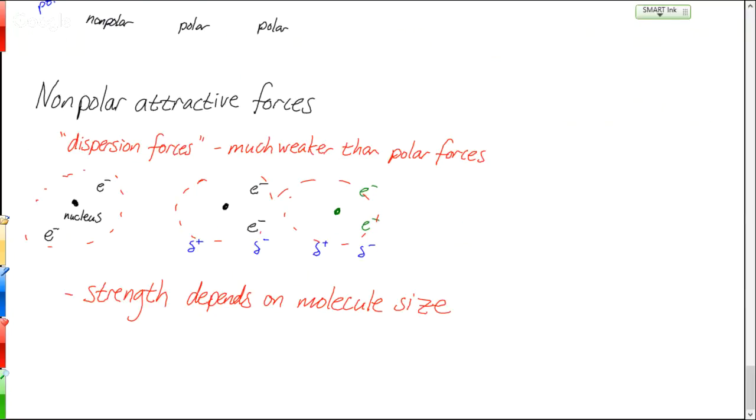So let's think about this and rank some molecules. All right, so here's two molecules from the book, and we want to know which one we would expect to have the higher boiling point.